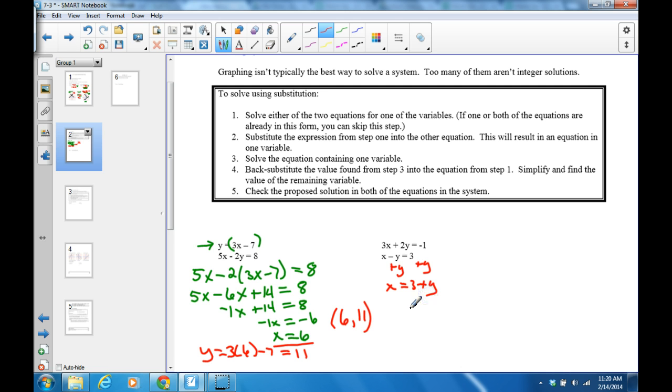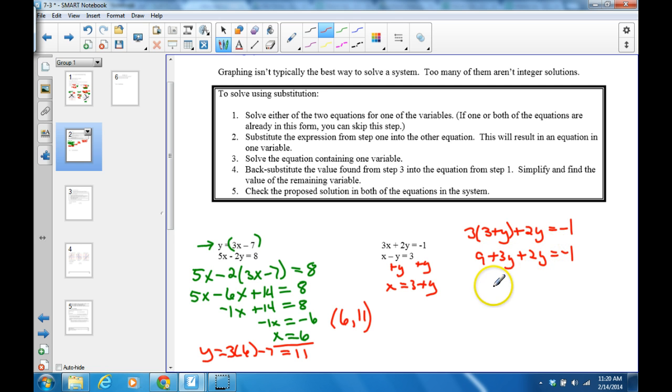Okay? So now I'm going to substitute that back into the first equation for x. So it'll be 3 times 3 plus y plus 2y equals negative 1. If I distribute this, it'll have 9 plus 3y plus 2y equals negative 1.